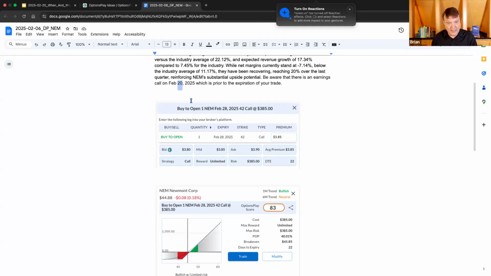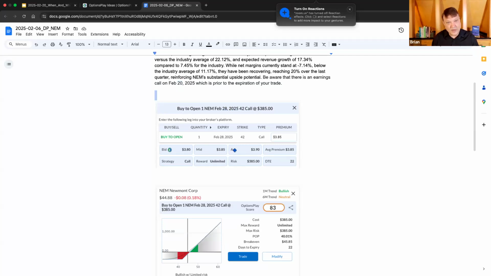What will normally happen to an option contract as the known event, the big earnings event, is coming your way? Implied volatility usually increases. So in this instance, I'm buying this call option.